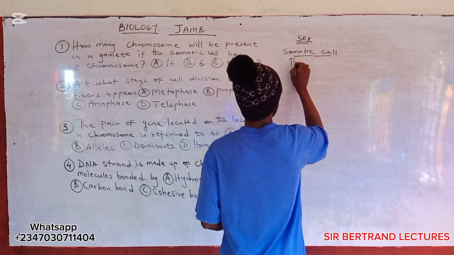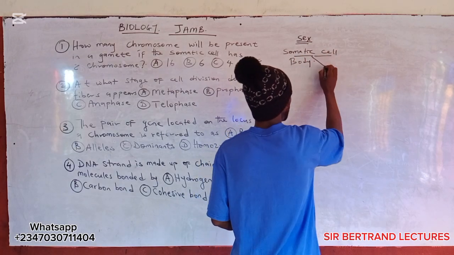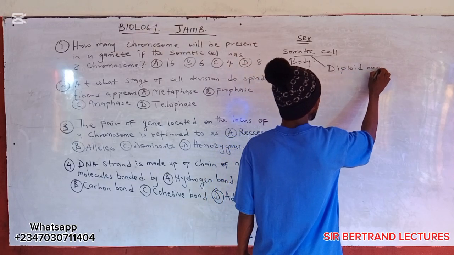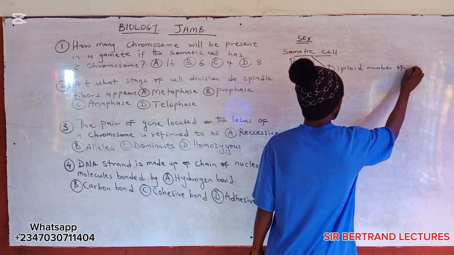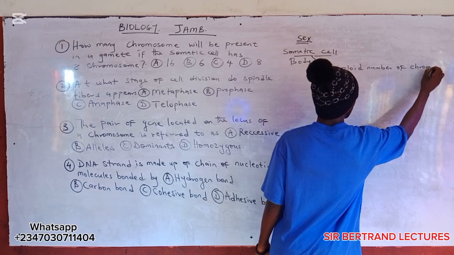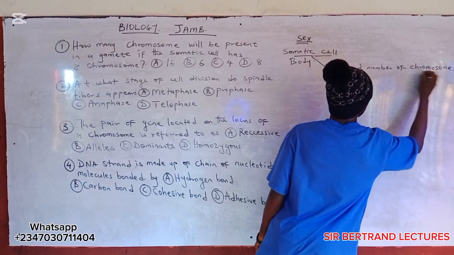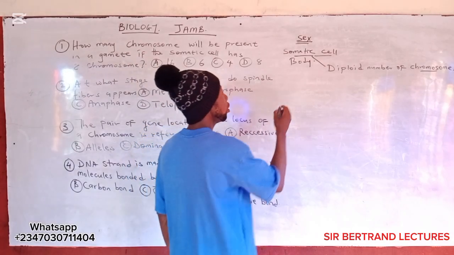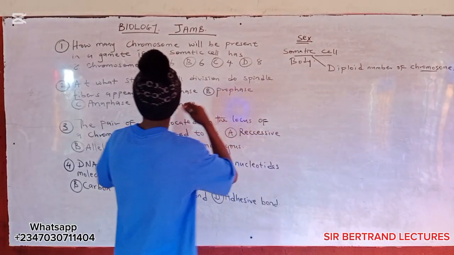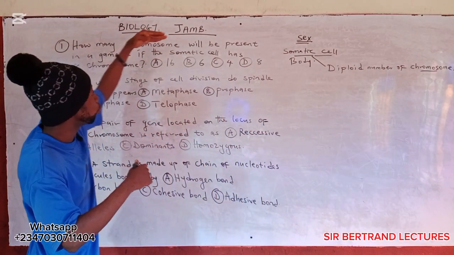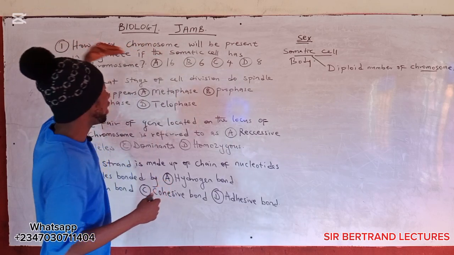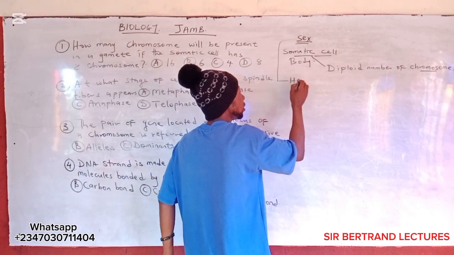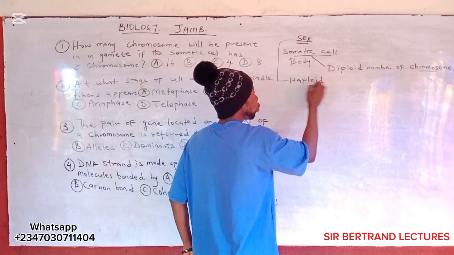All right, the somatic cell, which is known as the body cell, contains the diploid number of chromosomes. Then the question is asking you how many chromosomes will be present in a gamete. So the gamete tends to have the haploid number.